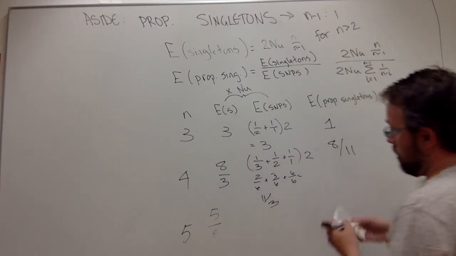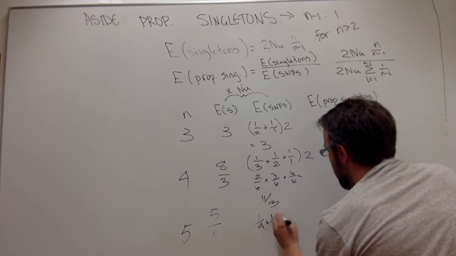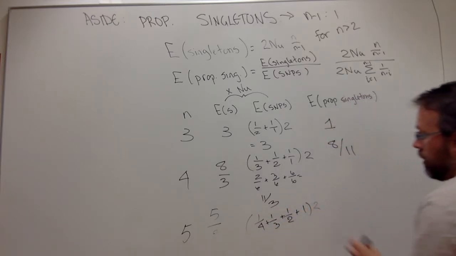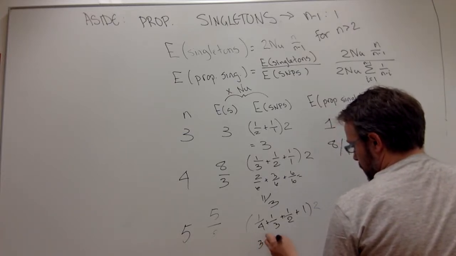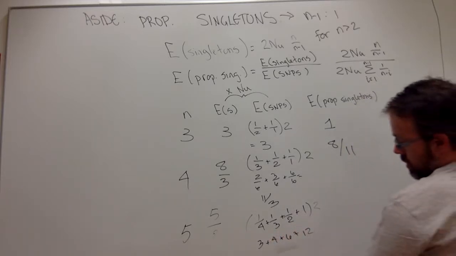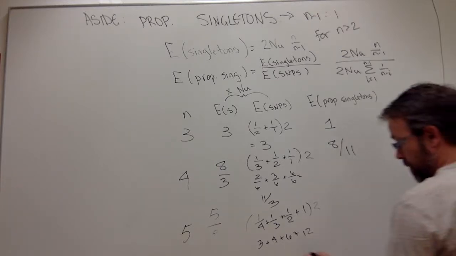Okay, how about this one here? Again, we have 1/4 plus 1/3 plus 1/2 plus 1, times 2. So this is 3 twelfths plus 4 twelfths plus 6 twelfths plus 12 twelfths, which is 25 twelfths.